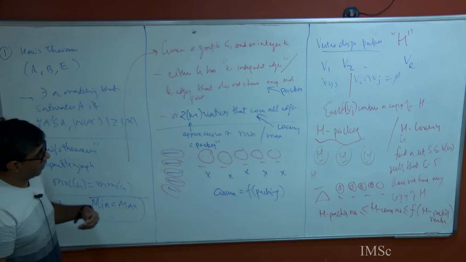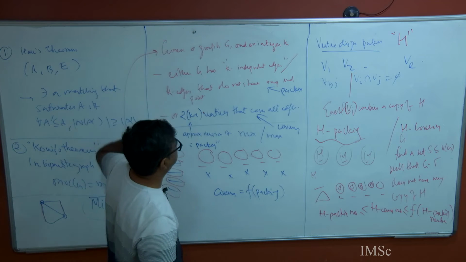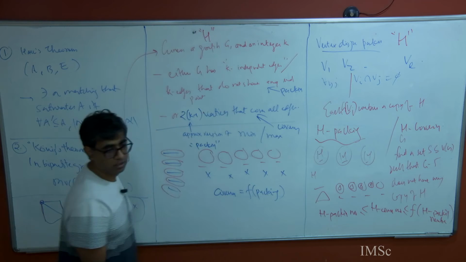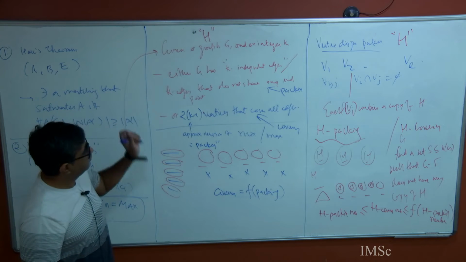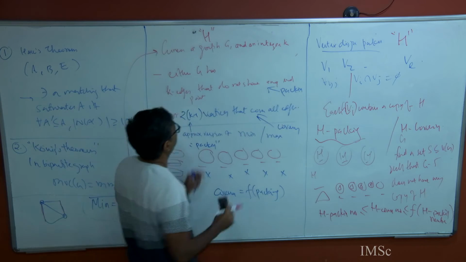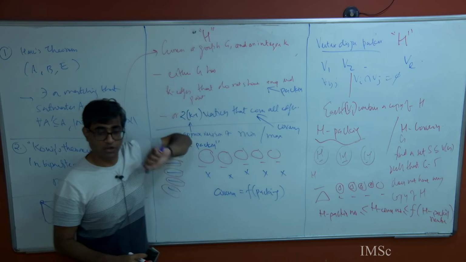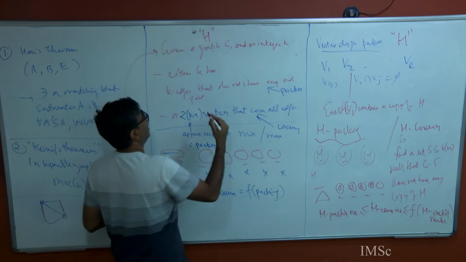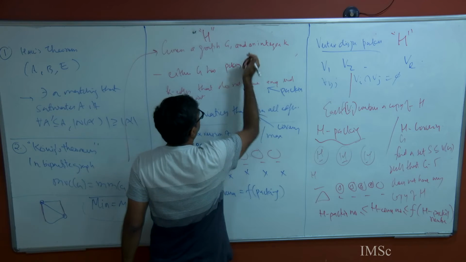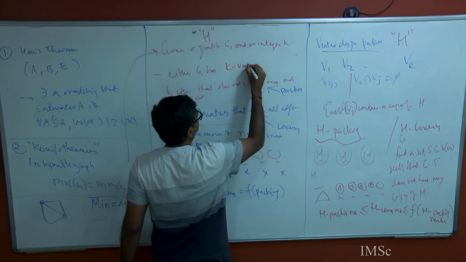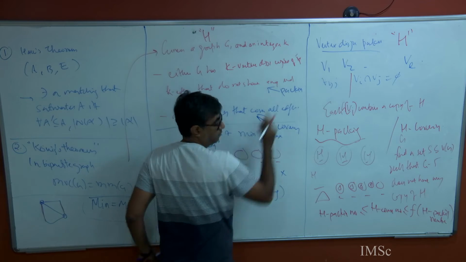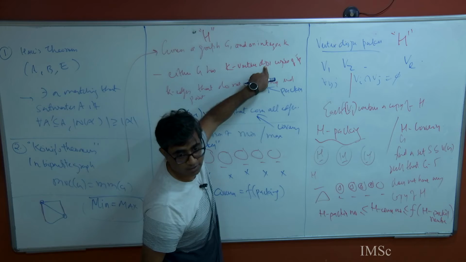So if I put this question in this framework, I give you H and an integer k, and a graph G. Either G has a packing of k vertex disjoint copies of H, which basically means that the packing number of this graph is at least k, right?